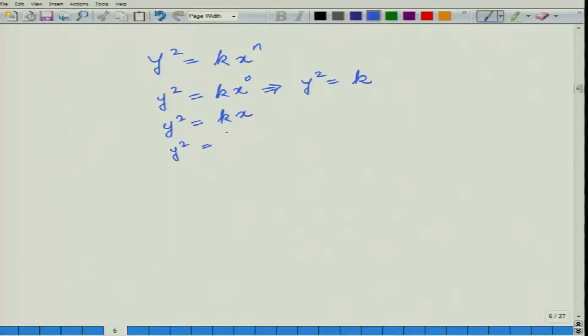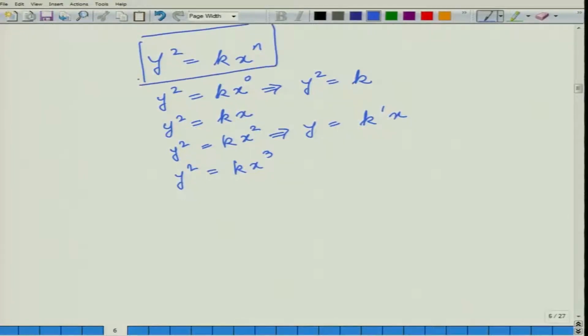When you have n equal to 2, you will have y square is equal to k x square, which can also be written as y is equal to k prime x. And if you have n equal to 3, you will have y square is equal to k x cube. Now, all these different shapes as defined by the equation y square is equal to k x to the power n are known as the form of the tree.